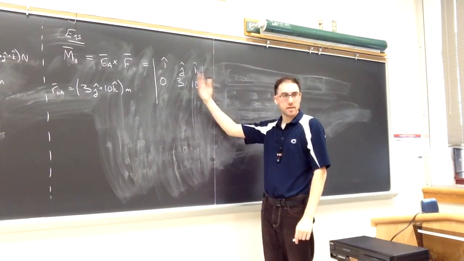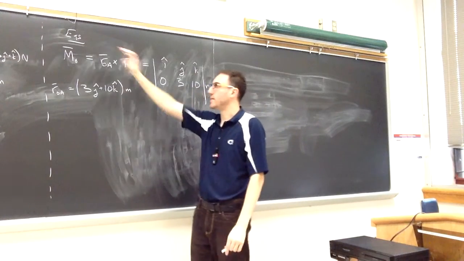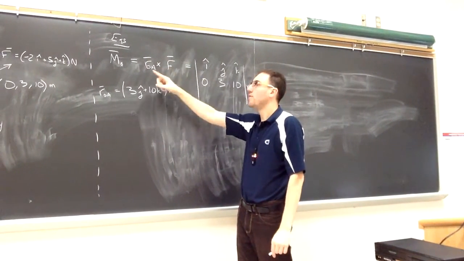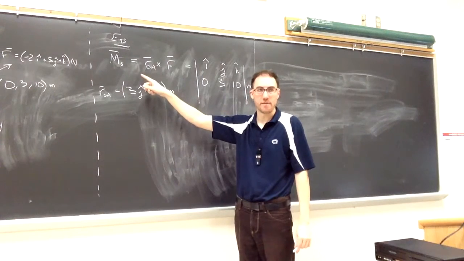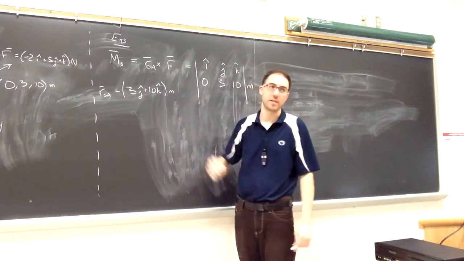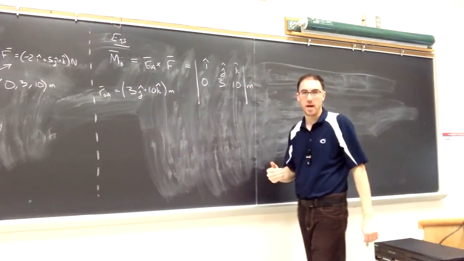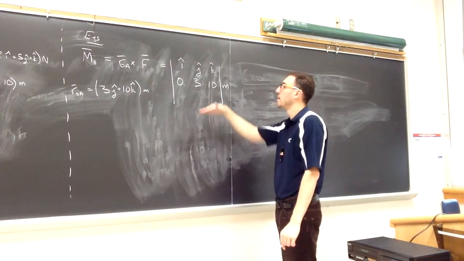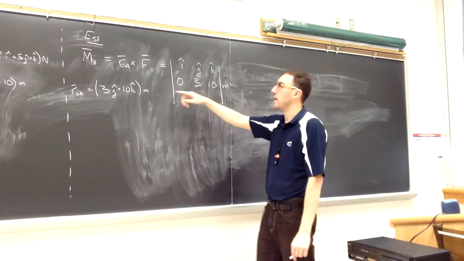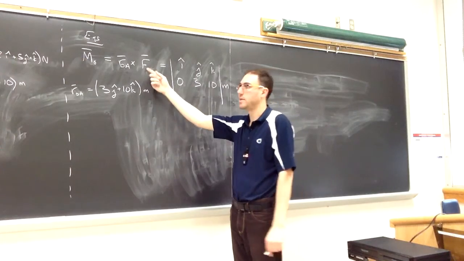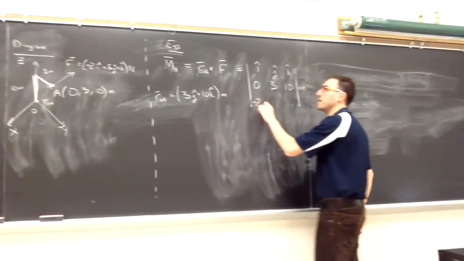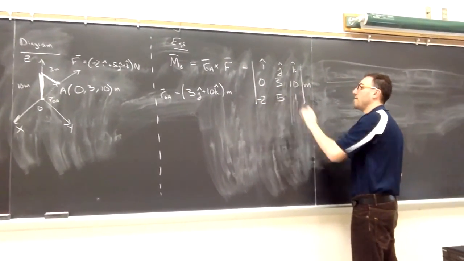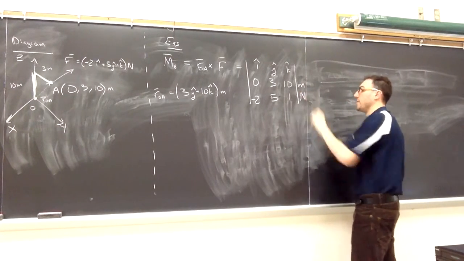One thing to note that occasionally comes up: it's the position vector cross the force vector. For this step, I am not using a unit vector. I'm using the actual values of the position, so it's not normalized. Third row, the components of my second vector in the cross product, F, which was given to me. So negative 2, 5, and 1, in newtons.